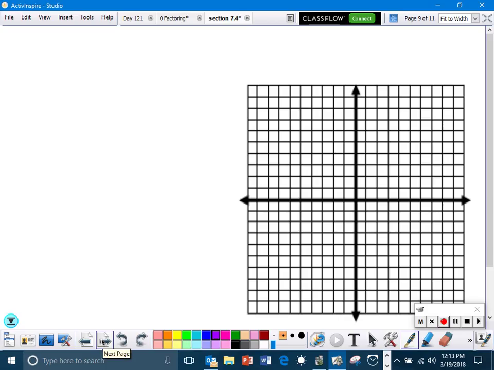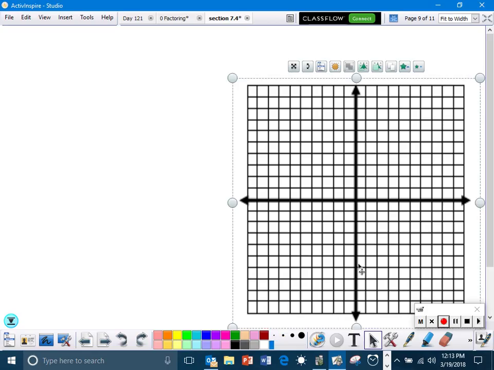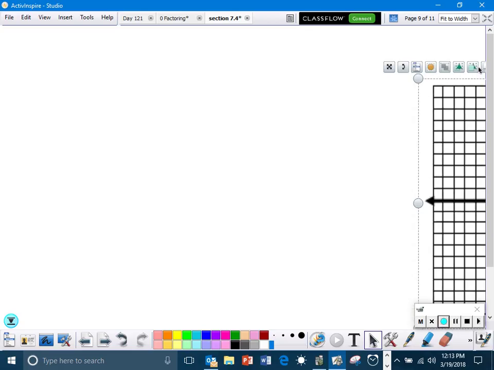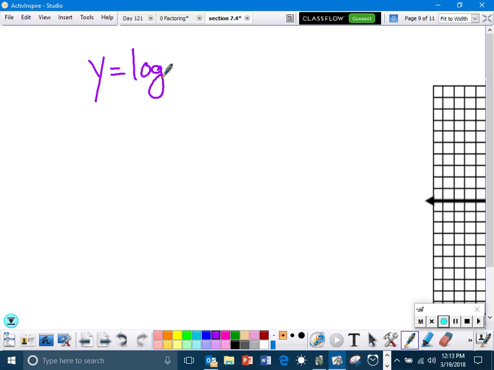All right, let's ignore this graph. In fact, I'm going to get rid of it for the moment. All right, this time I'm going to go y equals log times x plus 4. Now remember, what base is implied here? You don't see the number. Okay, base 10.